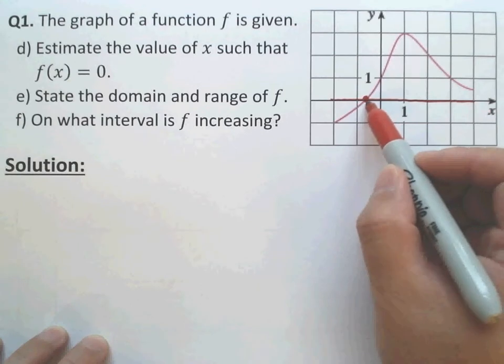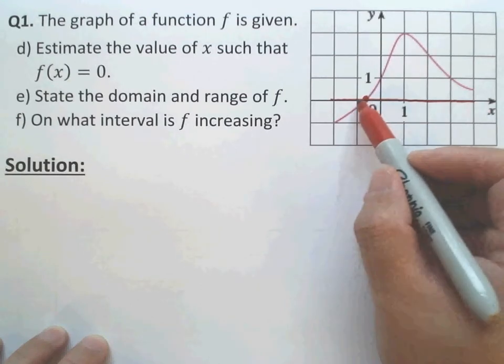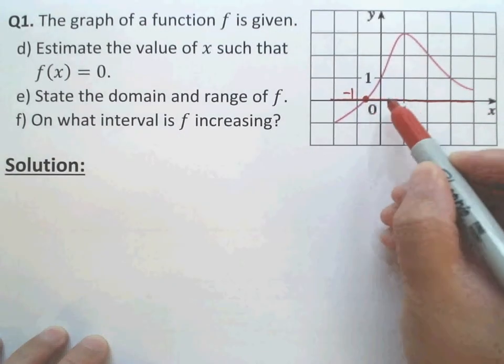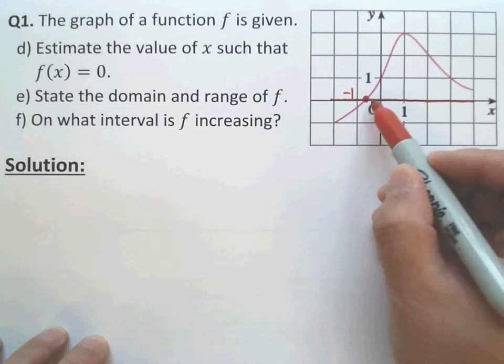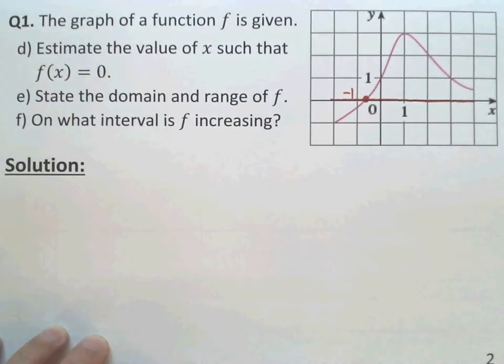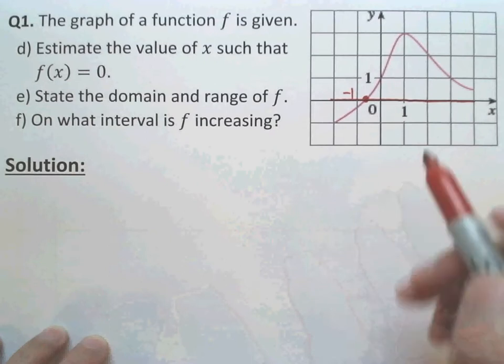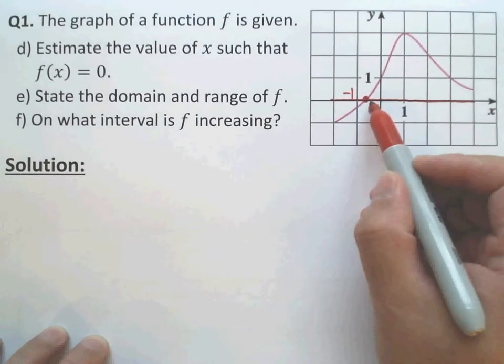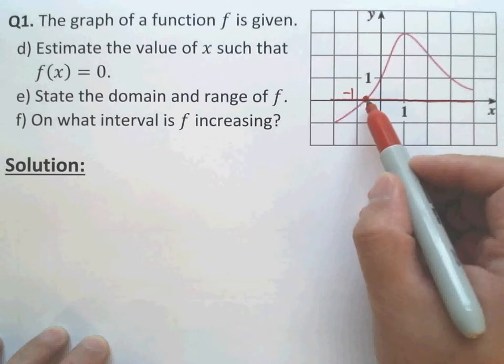So what is x? Between -1 and 0. So probably we can do approximation again, right? If we do approximation, probably less than -0.5. I approximate -0.6.